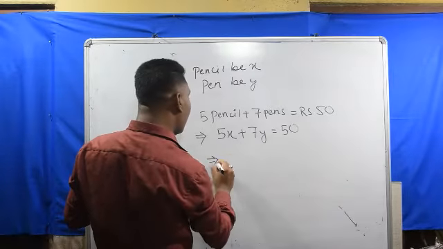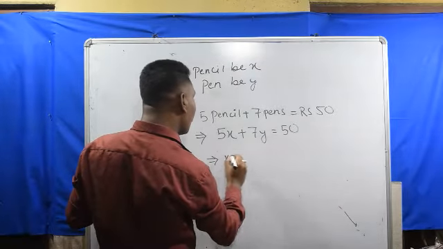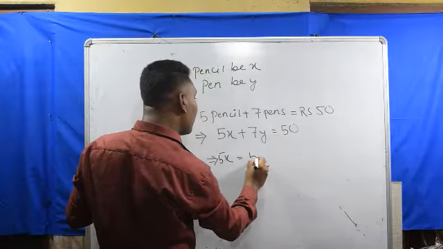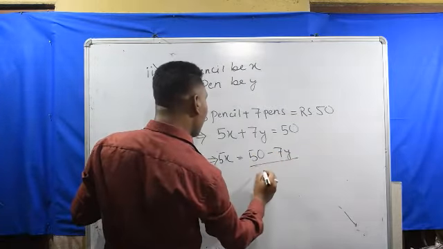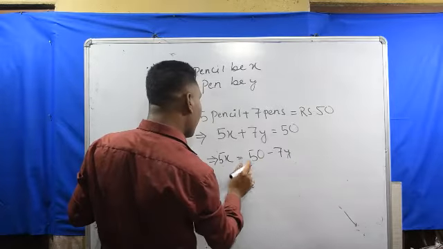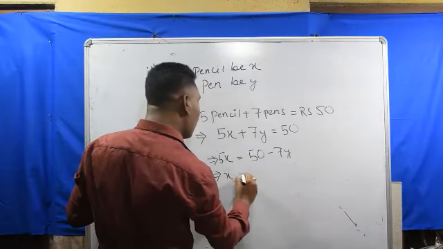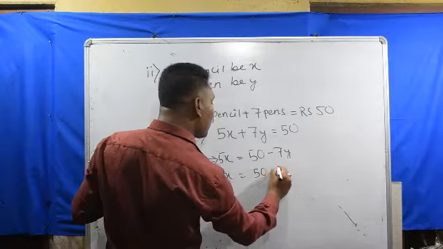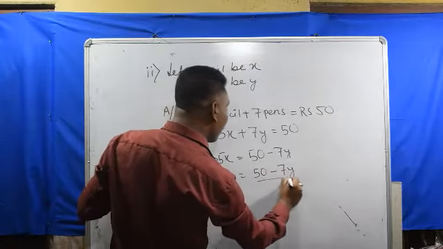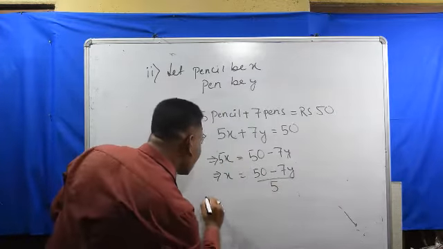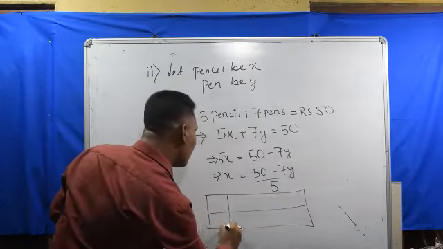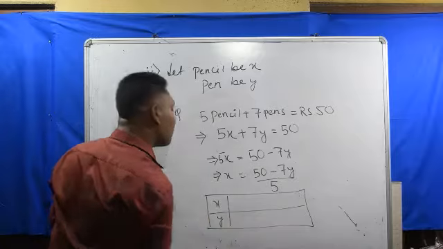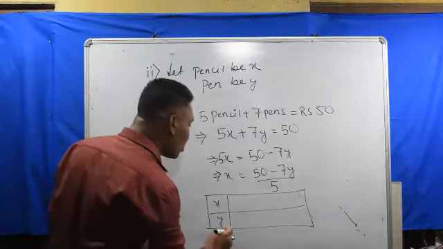From here you will get 5x is equal to 50 minus 7y, so x is equal to 50 minus 7y upon 5. So let's plot the graph for this. Rest you would be solving on your own and send me on my WhatsApp number in the description.